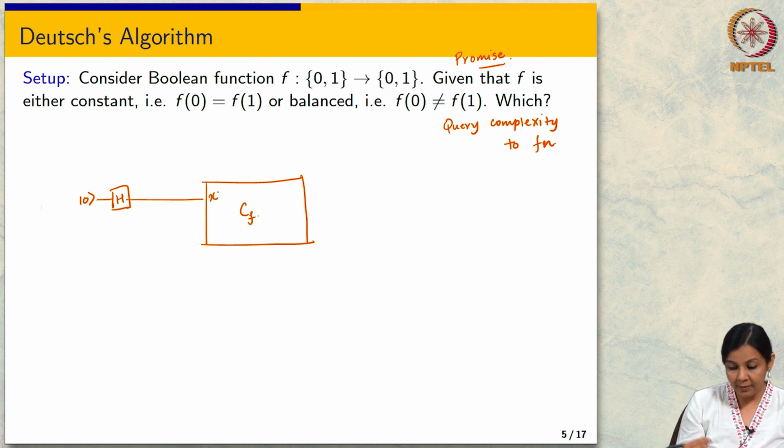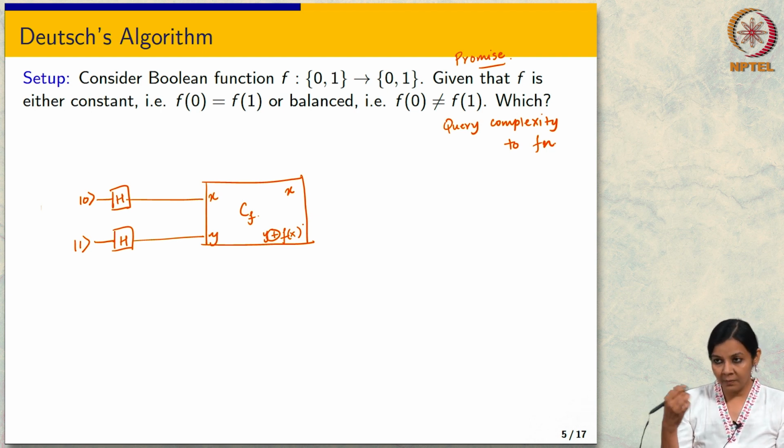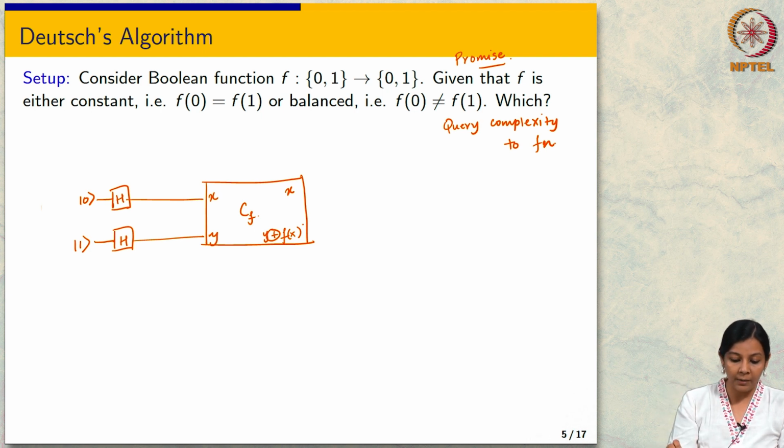Let's call this x. Now we will also take 1, apply H to it and feed this to the function. We will call this y. Now what we saw earlier is that the function gives you x and y XOR fx, right? This is how our function is behaving. In case you have forgotten this, just assume it for now. The way we do this does not matter too much.